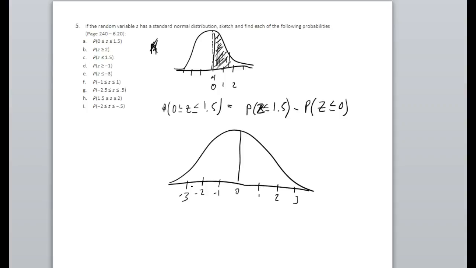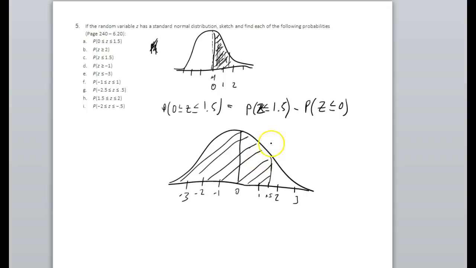It's going to start on the left-hand side, the negative side, and count up the probability all the way over to the z value. So when we look up z is less than 1.5, this spot on the graph, it's actually going to give us the area under the curve of this whole thing all the way up until 1.5.